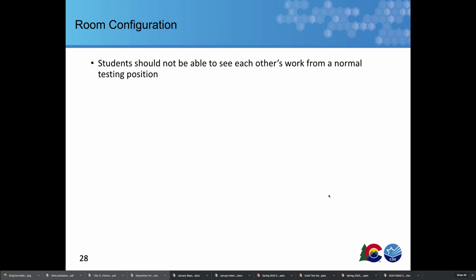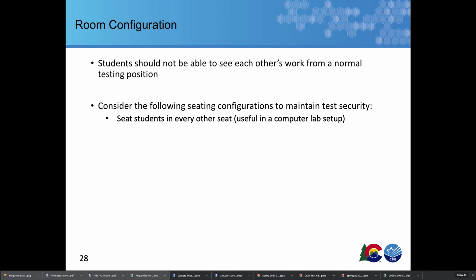Room configuration with the computers. This is really important because students should not be able to see each other's work from a normal testing position. You need to make sure that you follow some testing configurations to maintain the test security.